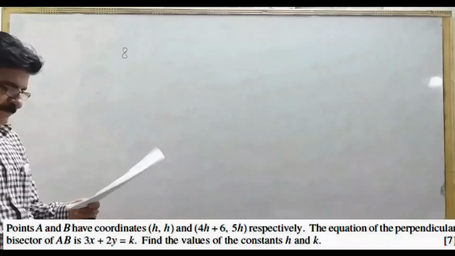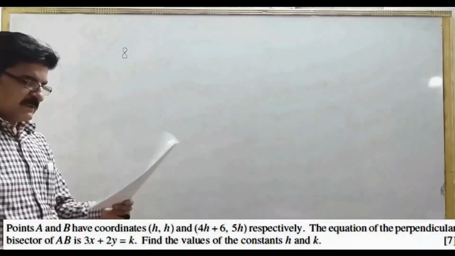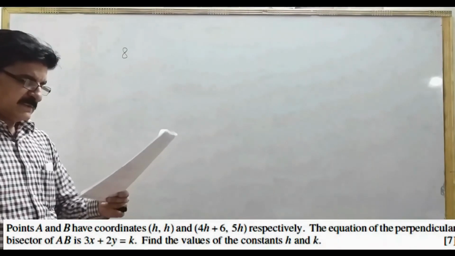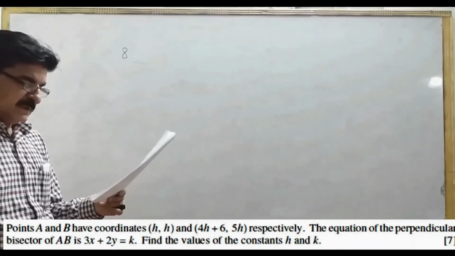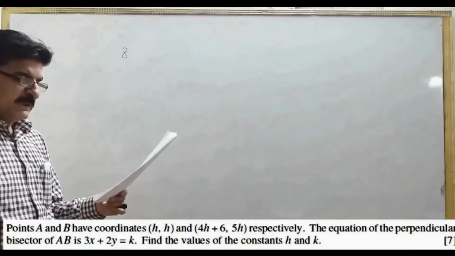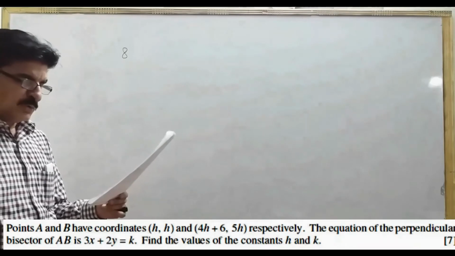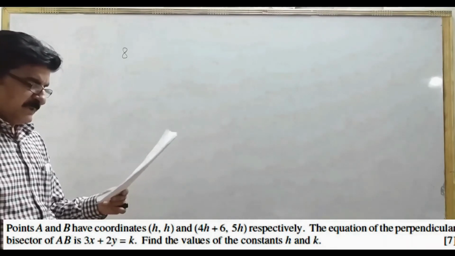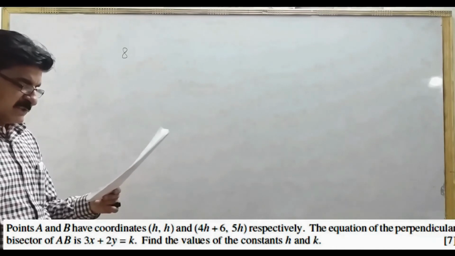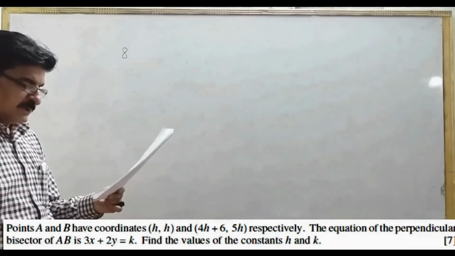Question number 8. Read the question. A and B have coordinates h, 4h and 4h plus 6, 5h respectively. It means that the coordinates are unknown. The equation of the perpendicular bisector of AB is 3x plus 2y equal to k.